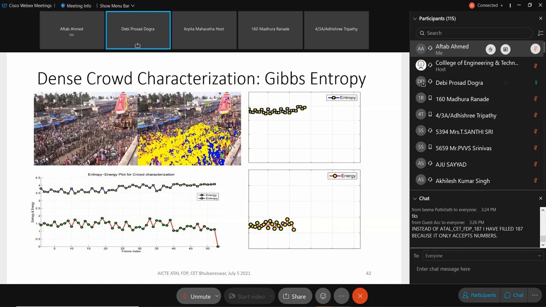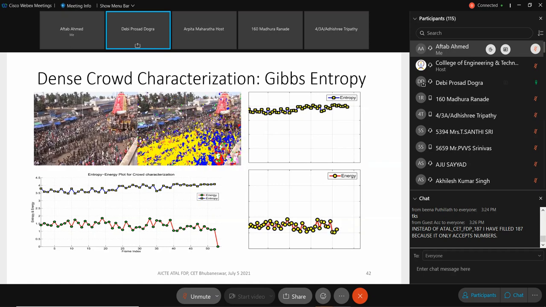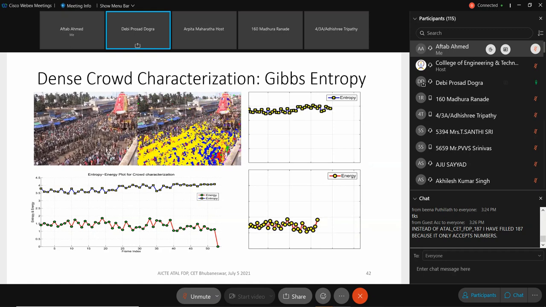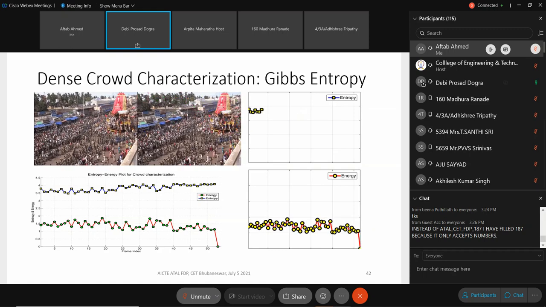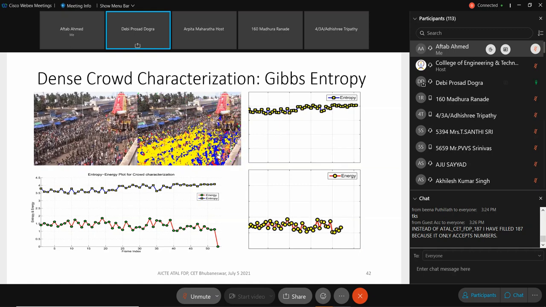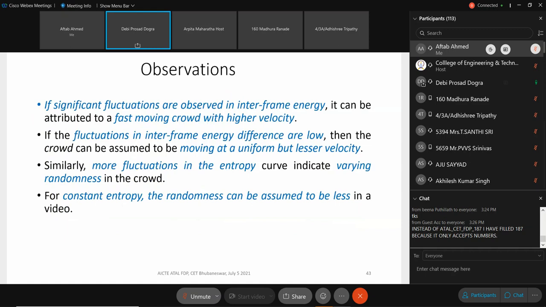With these preliminary observations, we can come up with a more accurate model, which may be a little more complex in nature, to understand how this crowd is behaving. Let us see what the observations are from this particular experiment. We found that if significant fluctuations are observed in interframe energy, it can be attributed to a fast moving crowd with higher velocity.